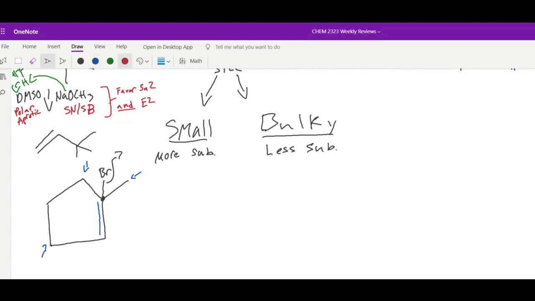If I create a double bond right here, my double bond is substituted by two carbons, this one and this one. So there's a name for both of these.